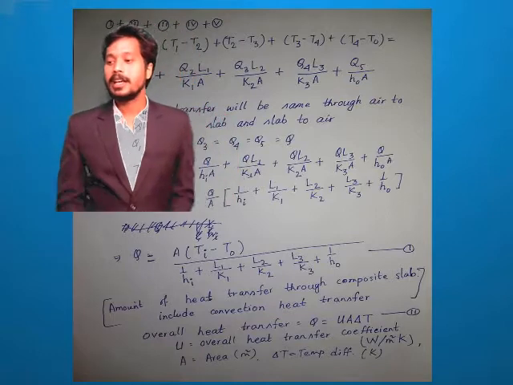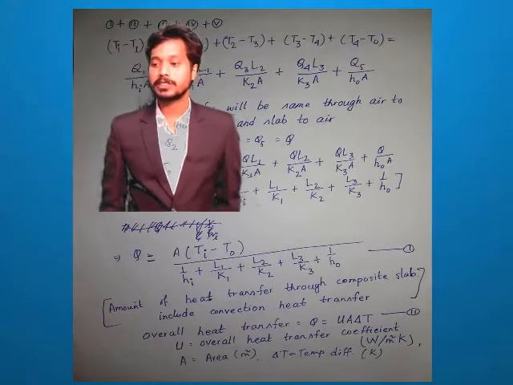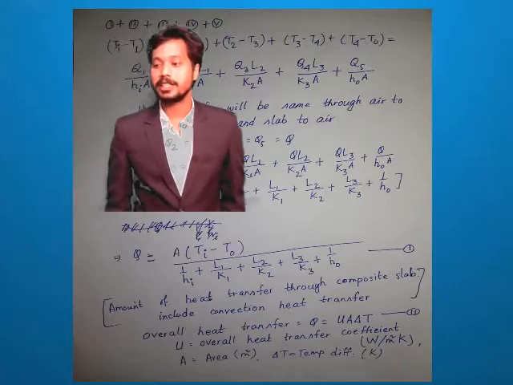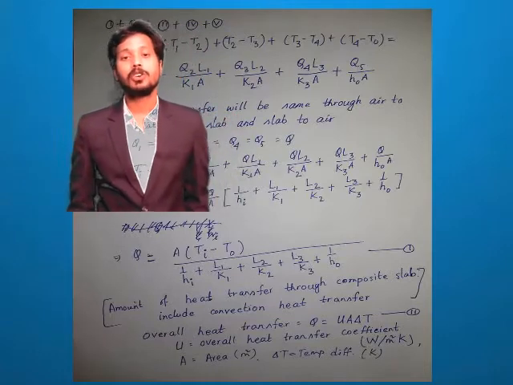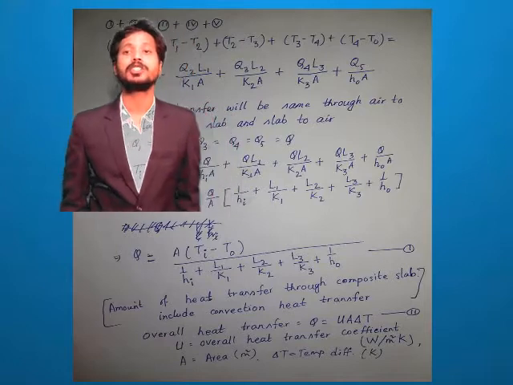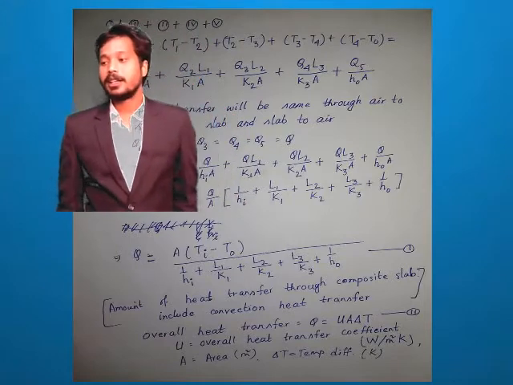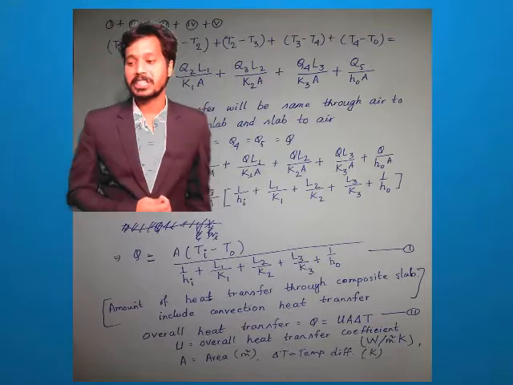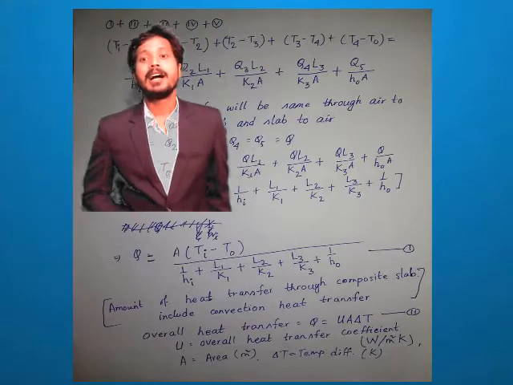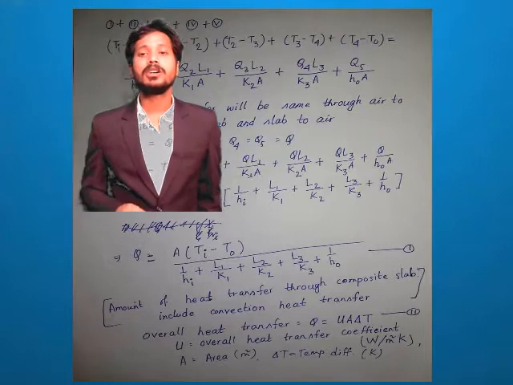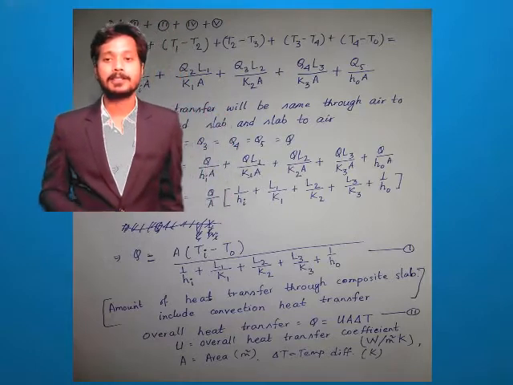Here you can see the amount of heat transfer through the composite slab including convection is already done. So overall heat transfer comes Q equals U into A into delta T, where delta T is the temperature difference, A is the area, and U is called the overall heat transfer coefficient.